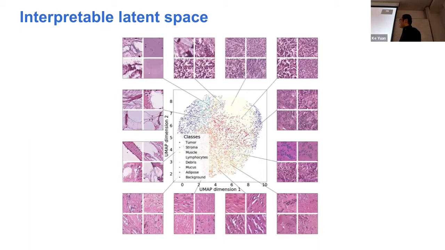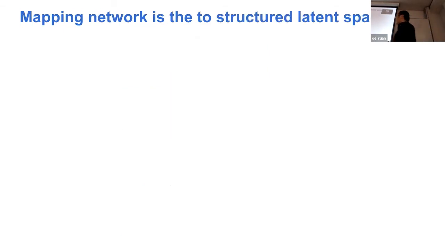You can see that certain structures exist in this latent space. If you pull out the corresponding generated images of those points, they more or less match what we think they are in terms of tissue type. You see some weird things going on, but I think this is the limitation of the training. By and large, there seems to be a meaningful structure in the latent space.